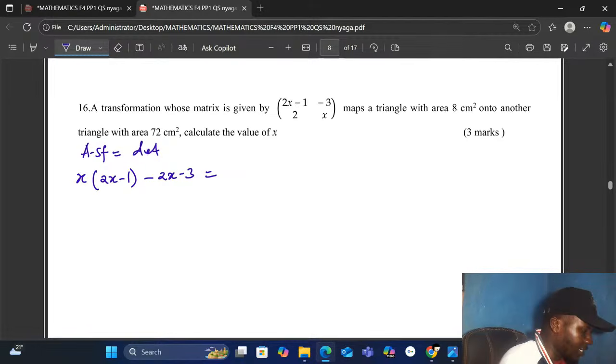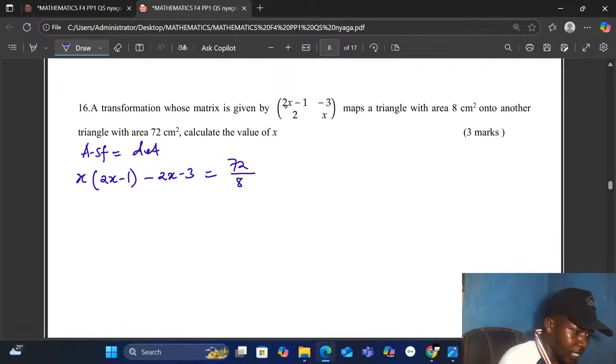And the area scale factor, we take the area of the triangle, which is 72, to the other triangle, which is now 8. Now this is our area scale factor, which is going to be equivalent to the determinant.